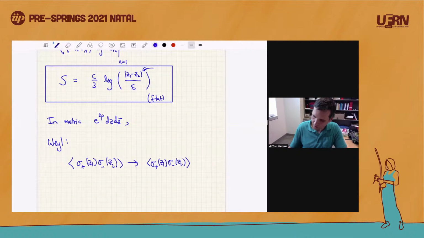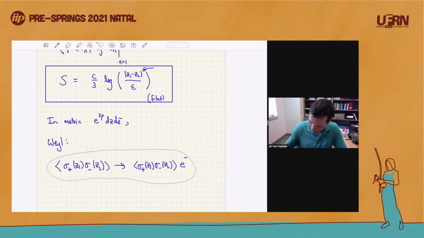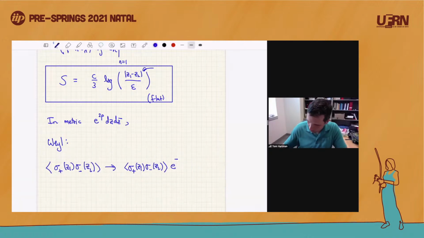And the Weyl transformation is just e to the minus delta n times rho of Z1 plus rho of Z2. So there's a contribution from each operator insertion, and it's raised to the power of the scaling dimension.